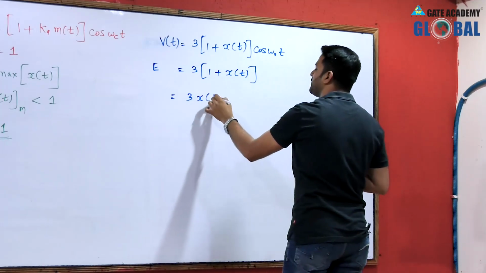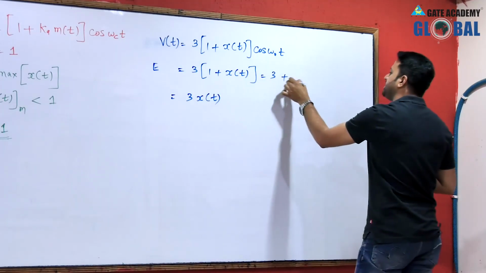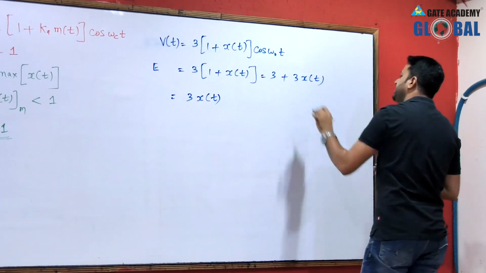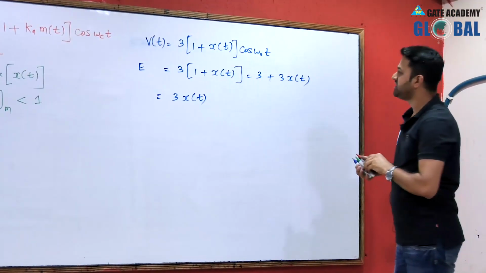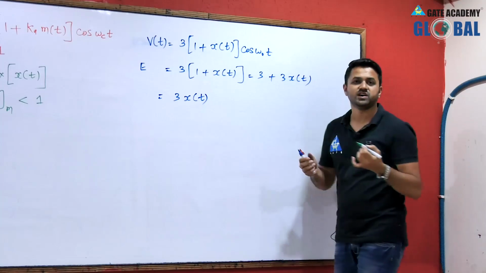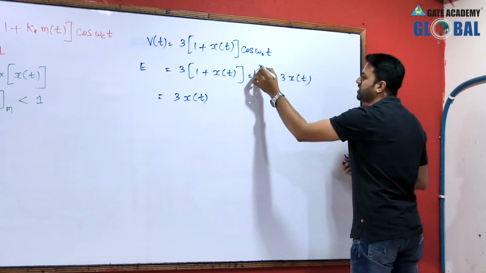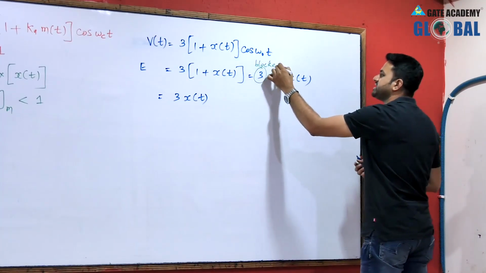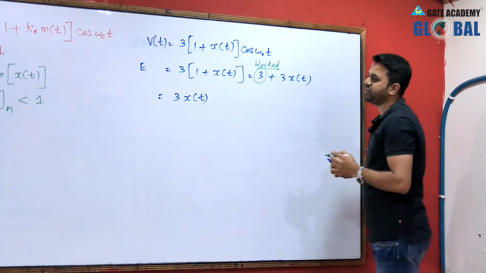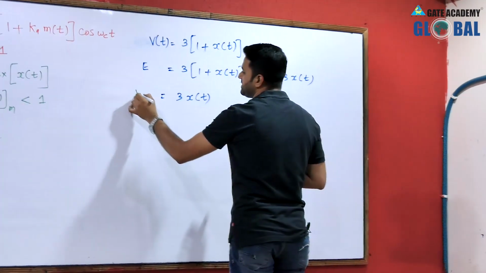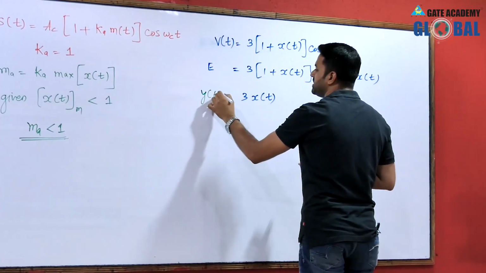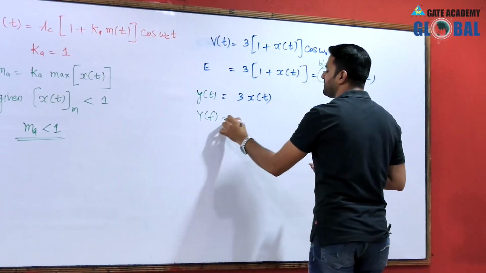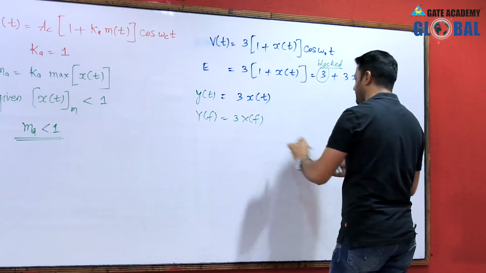So we get 3 of x of t, and we have to find the spectrum. So, the spectrum Y of f is 3 of X of f.